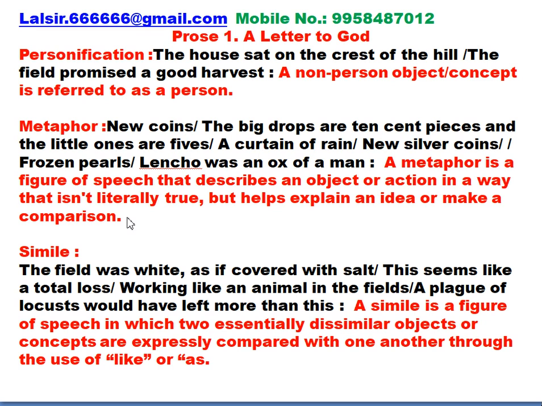Okay, now the next literary device we find in the lesson: the field was white as if covered with salt. This seems like a total loss. Again, working like an animal in the fields. The next one, a plague of locusts would have left more than this. Now, all these examples we find are simile.